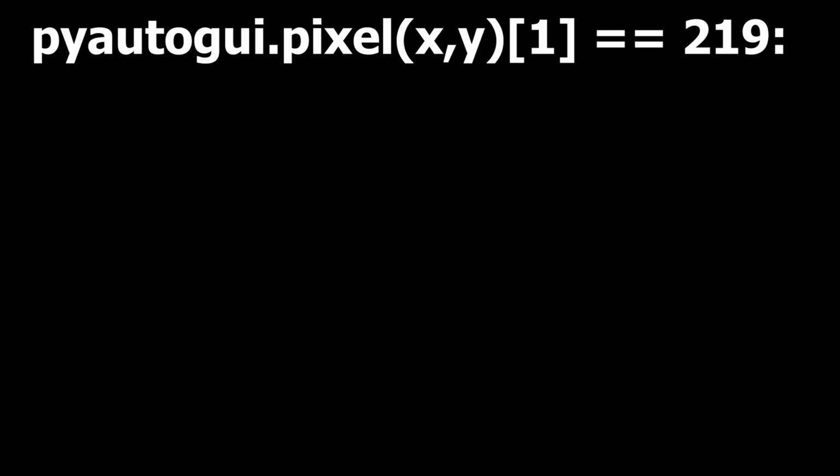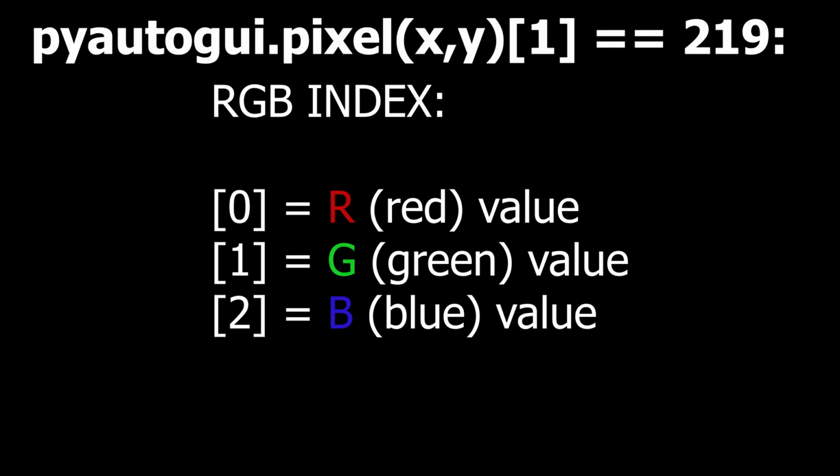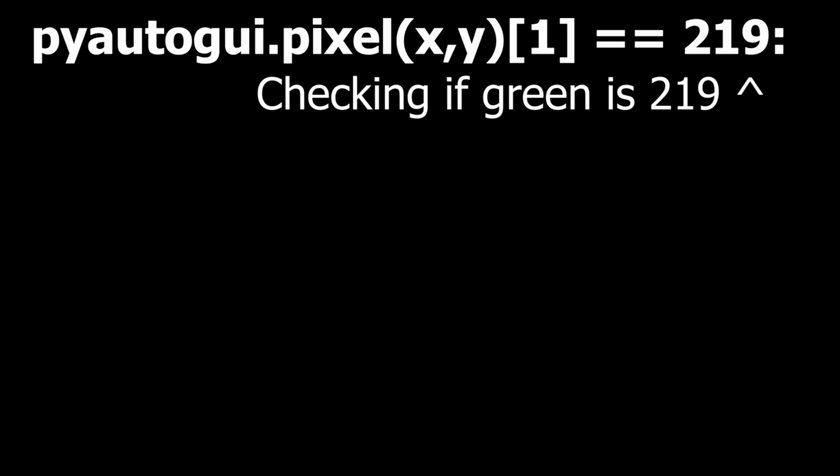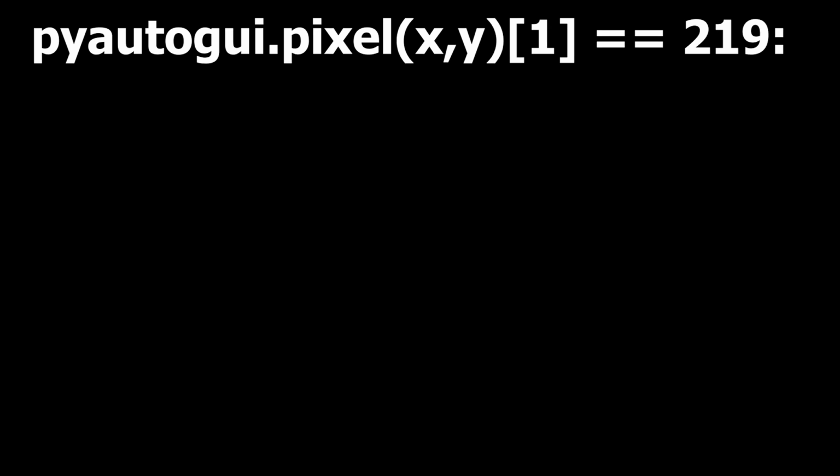The square brackets in the line are important. They contain the index for the RGB values starting from 0, meaning if it's 0, it will check for red, if it's 1, it will check for green, and 2 will check for blue. In our case, we only want to check for green, by putting in 1 for the index, and then checking if the value of green is 219. By only choosing one colour, we can make the scripts run quicker.